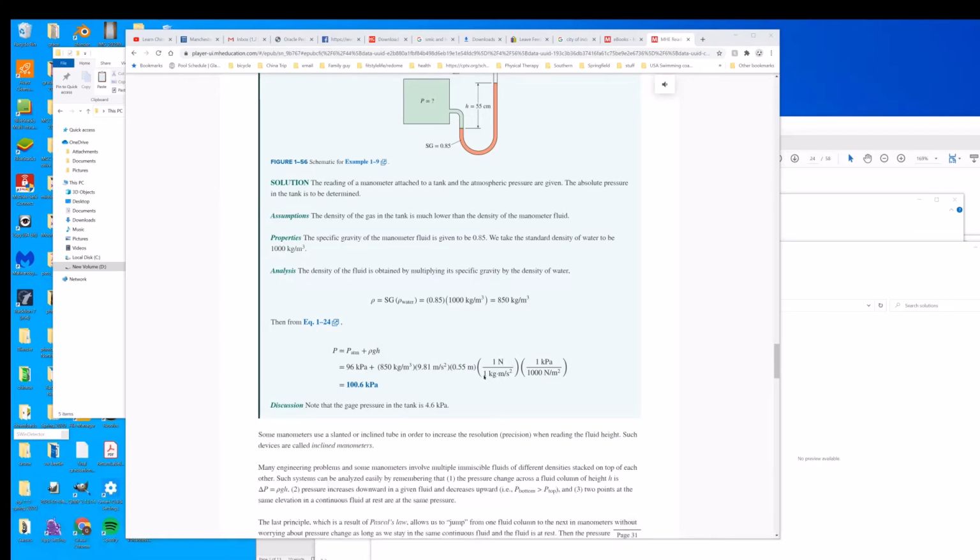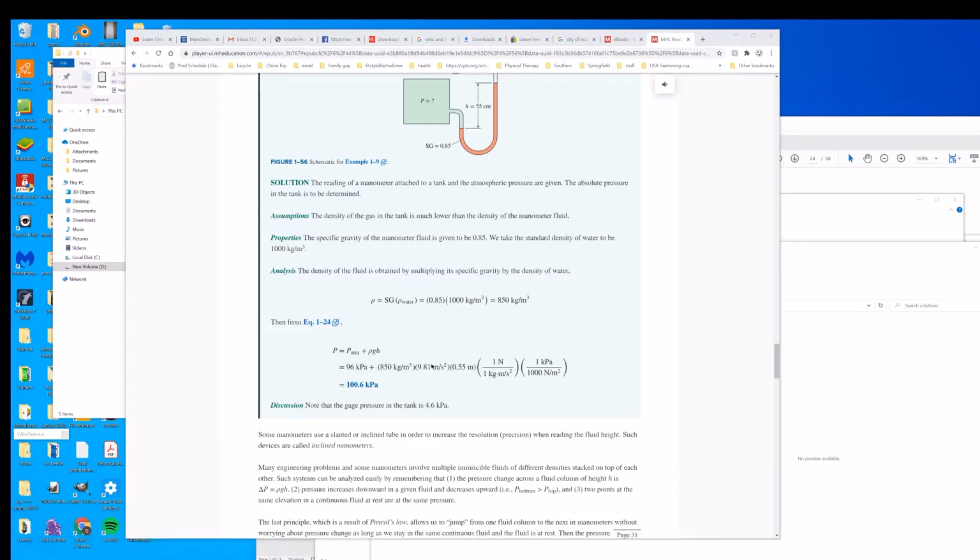Pascal is Newton per meter squared, right? So we can actually go through this conversion process, which essentially, you might recognize right now, this is just a Newton, kilograms meter per second squared, but the author chose to detail it out here. And here's the height, so it's in meters, right? It was 55 centimeters, which is just 0.55 meters.